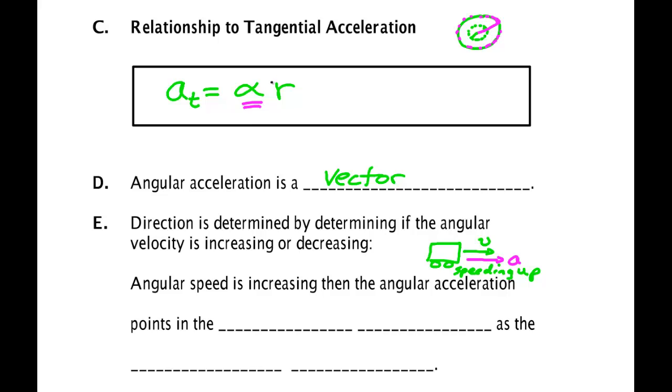And we had cars that were slowing down. Maybe the car is traveling in this direction but is slowing down. Since it was slowing down, the acceleration was in the opposite direction. When things were slowing down, the velocity and acceleration were in opposite directions. When they were speeding up, they had the same direction. The same thing holds here, but it's not velocity and acceleration, it's angular velocity and angular acceleration.